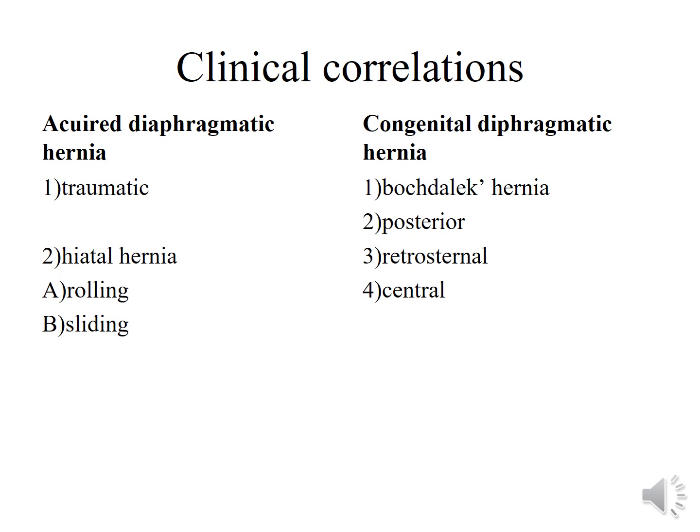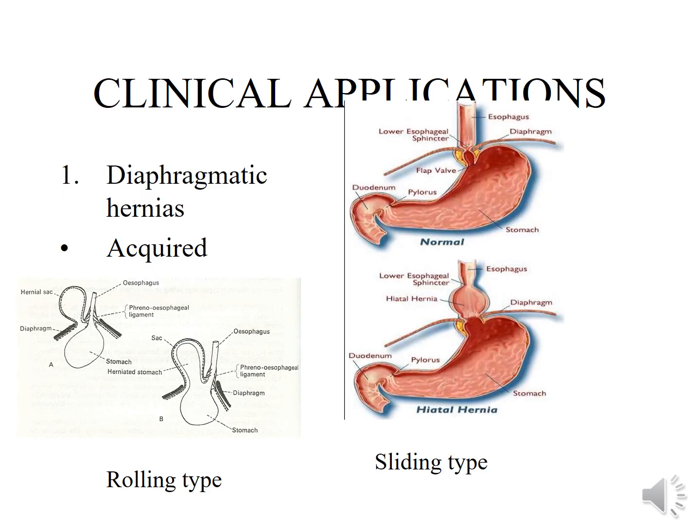Then the third is the retrosternal hernia, which occurs whenever the sternal part is deficient, and the foramen of Morgagni, which is considerably enlarged, results in hernia. Then we have the central hernia also. So these are the various types of congenital diaphragmatic hernia. First of all, we will discuss the acquired diaphragmatic hernias.